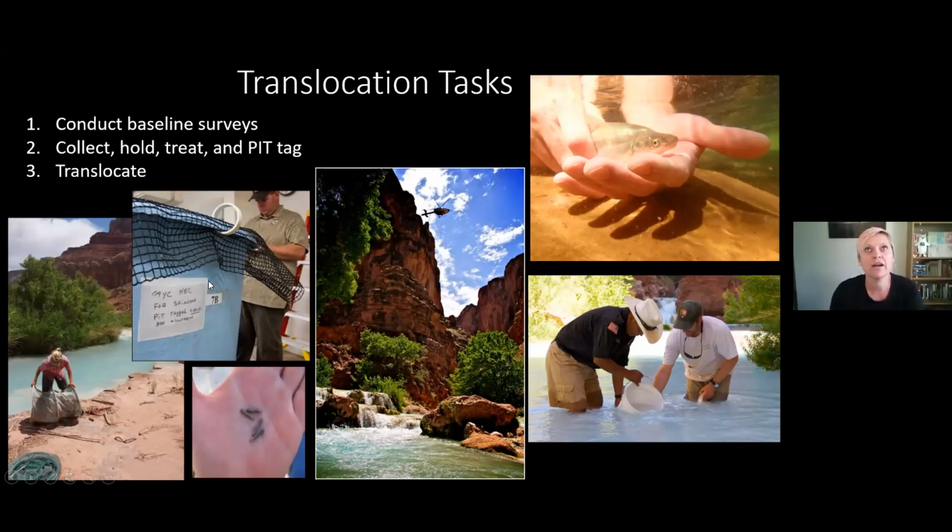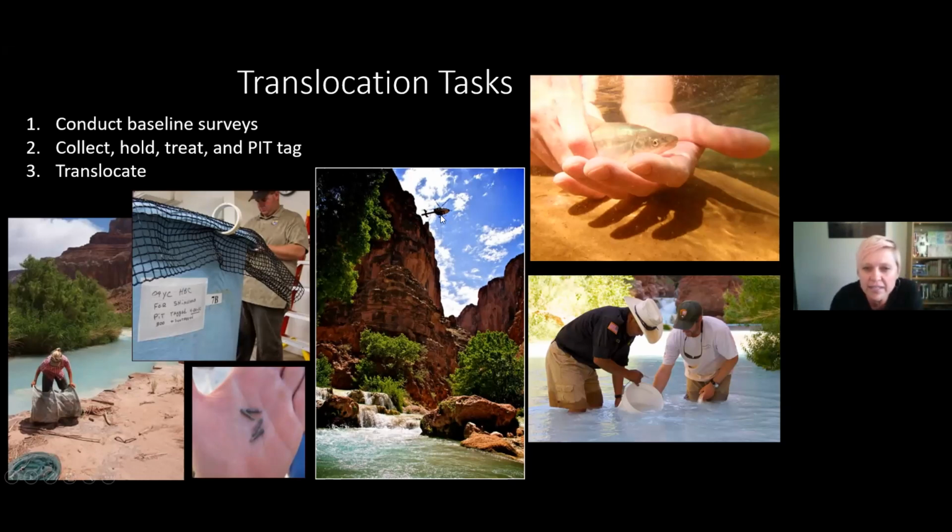Those fish are generally helicoptered or hiked out, driven to a hatchery where they spend the winter being treated for parasites and any bacterial diseases. Then they get a PIT tag in each of them so that we can track them over their lifespan once they've been released into Grand Canyon. They are then driven from New Mexico back to the helipad at Grand Canyon and helicoptered into Grand Canyon into the creek.